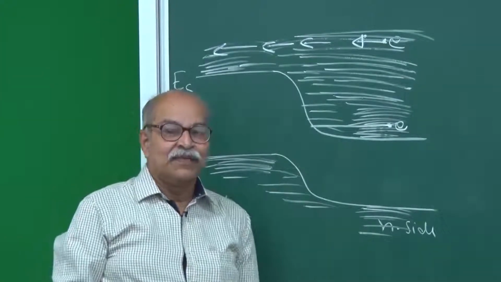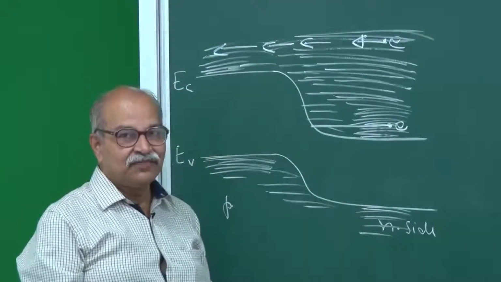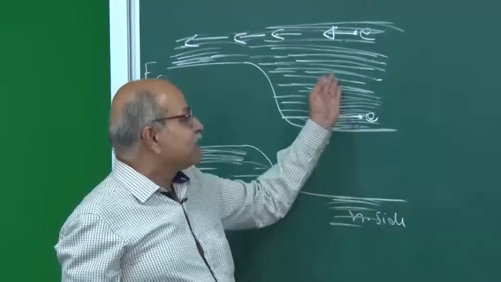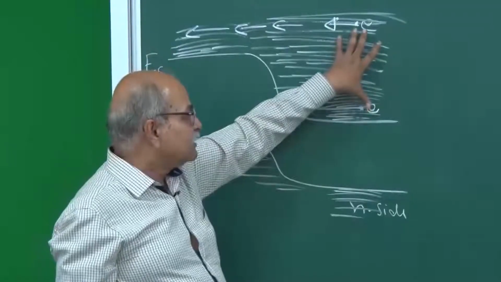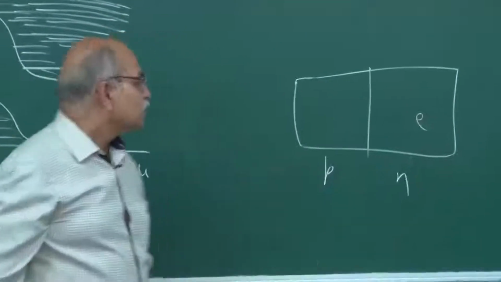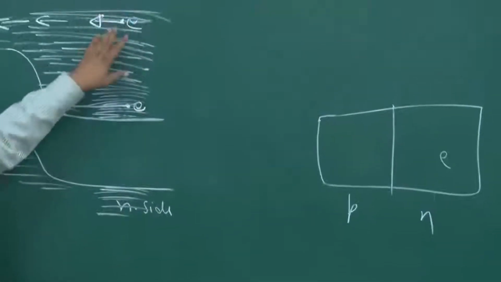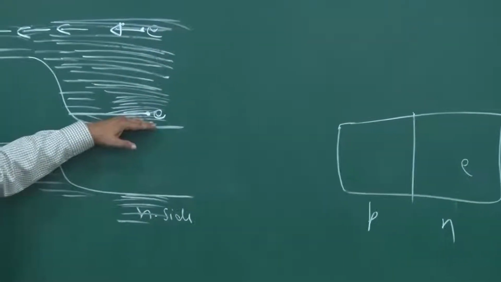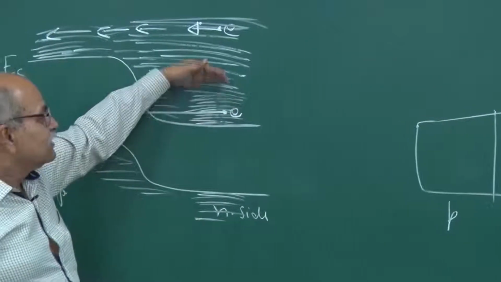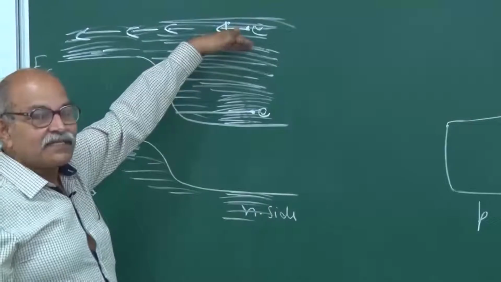So it becomes very important to find the occupancy of these quantum states. If you have many conduction electrons here, how many of those electrons are in these quantum states, and these, and so on?